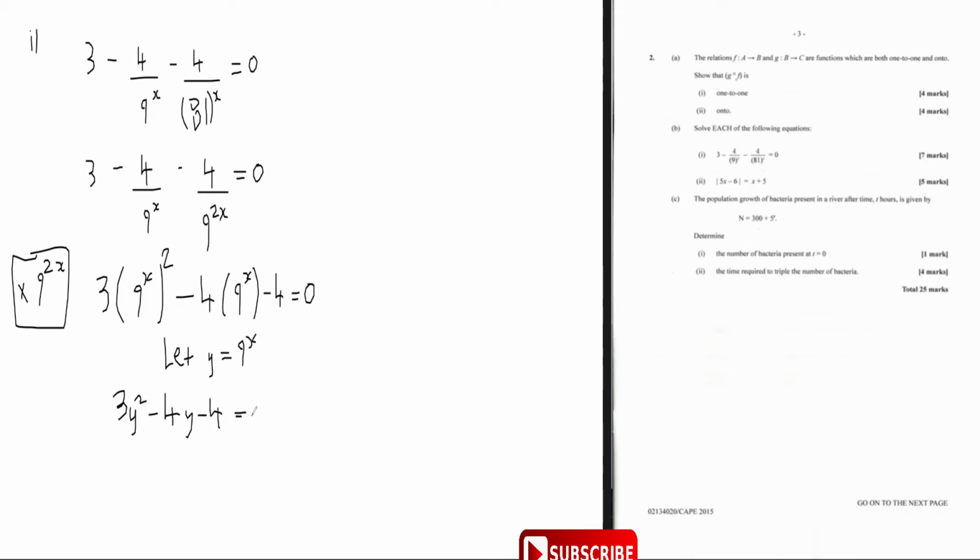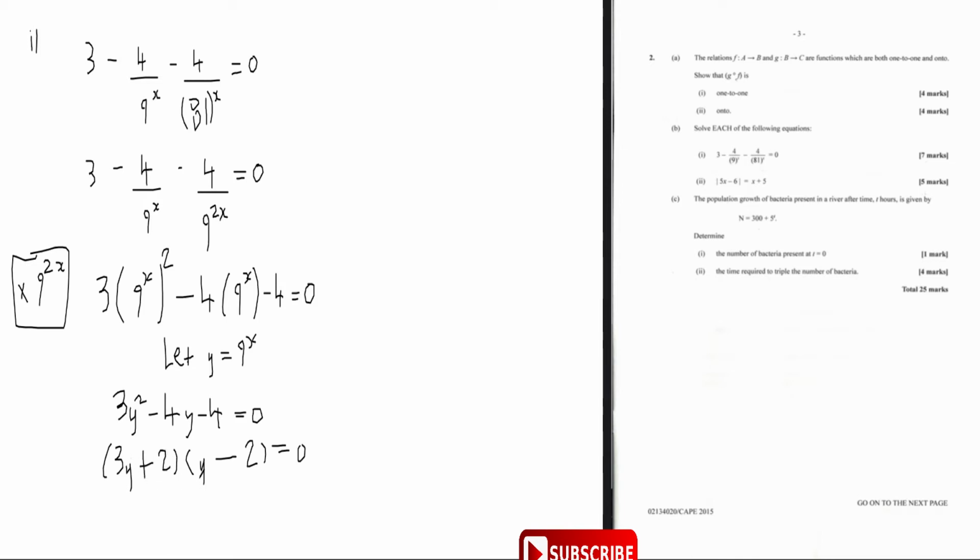Now you can go ahead and factorize it. If it is 3y squared minus 4y minus 4 equal to 0, signs are different, the greater number is negative. So we have 3y and y. The bigger one is negative, so this 2 is minus, this is plus, this has to be 2 as well.